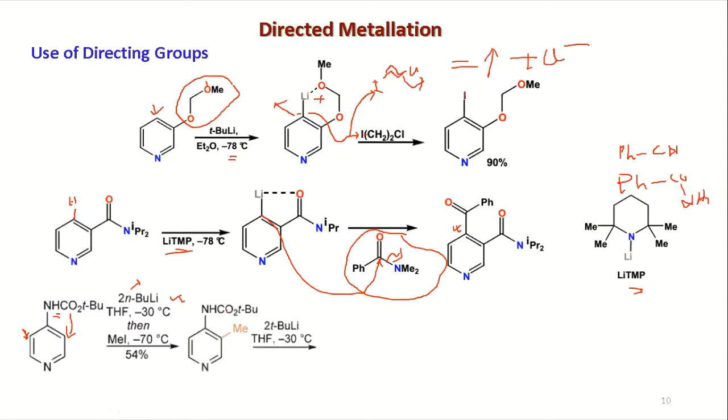First the meta position lithiation will take place, and then you are using methyl iodide. The lithiated pyridyl group is going to attack the methyl, and you have methyl incorporation. After preparing this one, you are quenching, and finally this is your pure product.